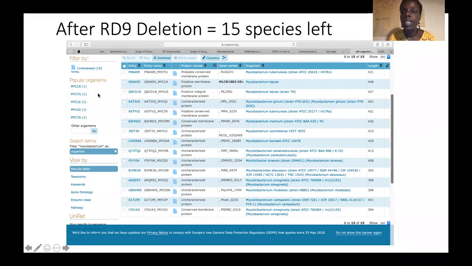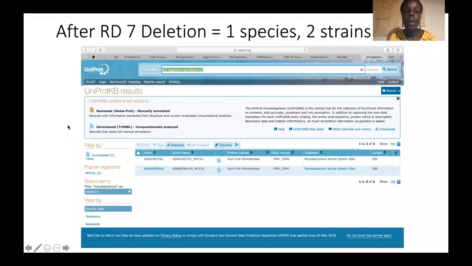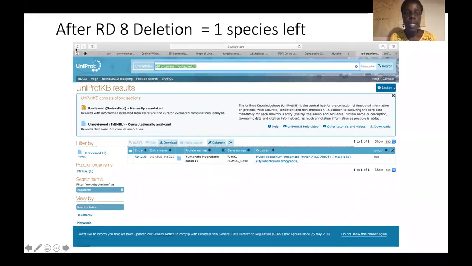When we put this into BLAST, we discover that 15 Mycobacterium retained that gene, including leprae, tuberculosis, avium, etc. When we put in RD7, which is another region of difference, one species, two strains of it, retain the RD region, and RD8 was retained by one strain of one species.